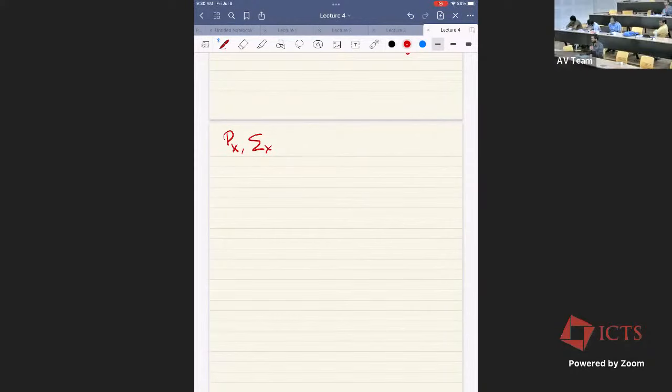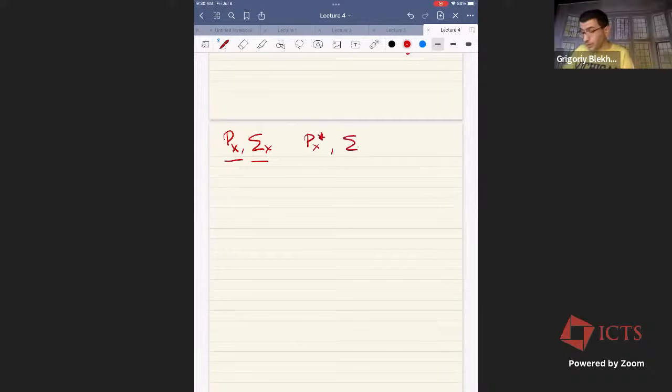So you look at the cone. You can look at the dual cones, P_X star and Sigma_X star. For P_X star, this dual cone we discussed, the extreme rays are just point evaluations. Now, what about Sigma_X star? What are these? These are linear functionals on quadratics such that they are non-negative on squares, because non-negative on sums of squares is the same as being non-negative on squares.